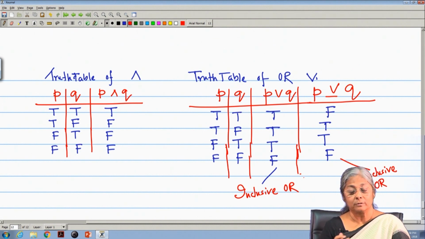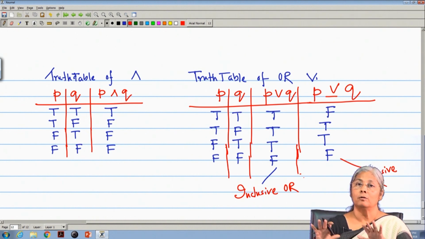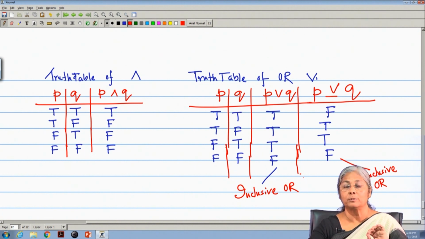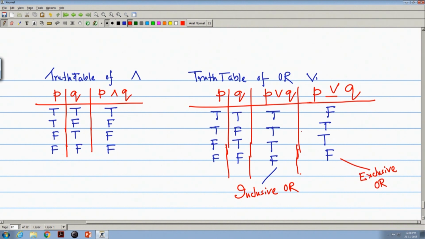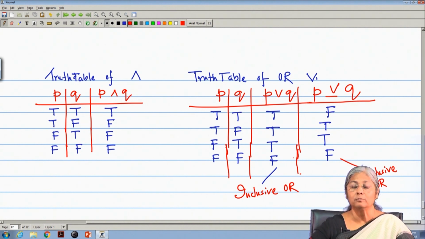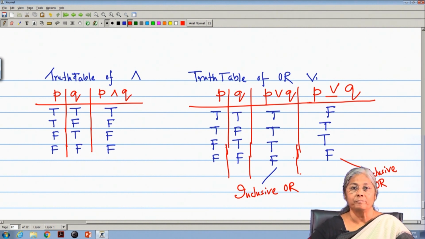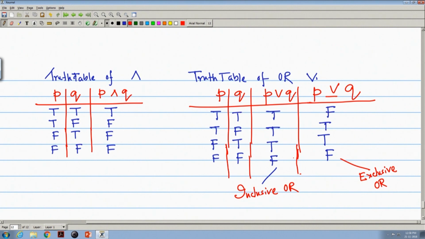Then we read the conjunction and disjunction, two binary operations, and the truth tables of conjunction and disjunction. There are 2 types of disjunction, inclusive OR and exclusive OR, and we can write the truth table of each. So, we finish this class with these truth values and truth tables, and next class we will see the other operations.